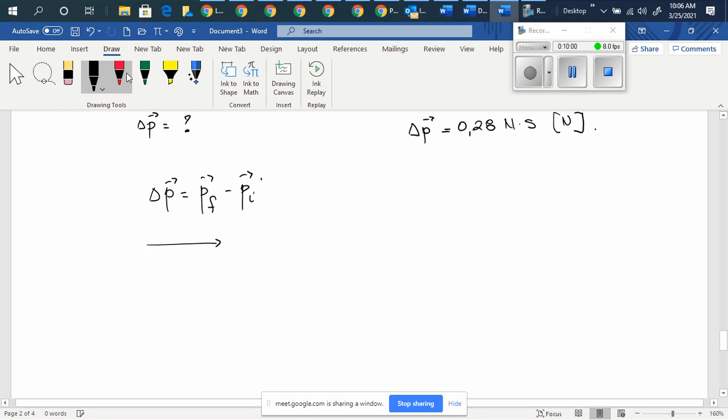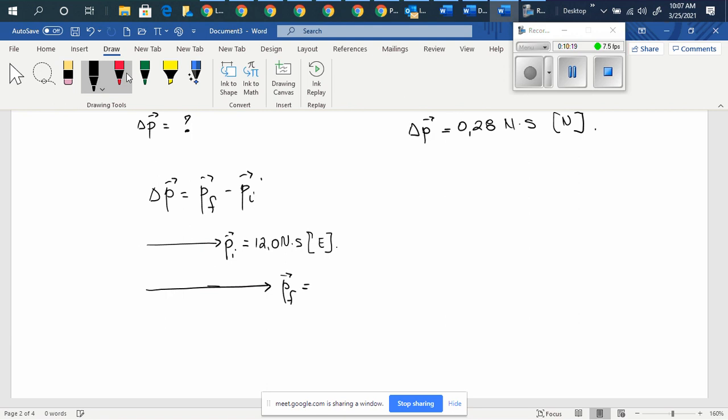Let's suppose that we have a P initial with a magnitude of 12 newtons times seconds going east, and P final with a magnitude of 25 newtons times seconds going east as well. So vectorially, the change of momentum will be P final minus P initial.